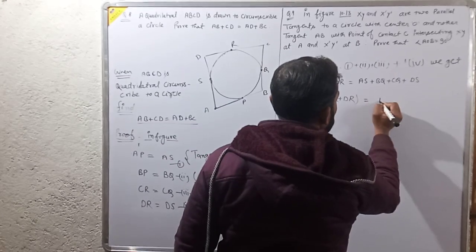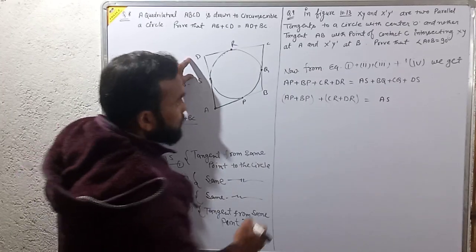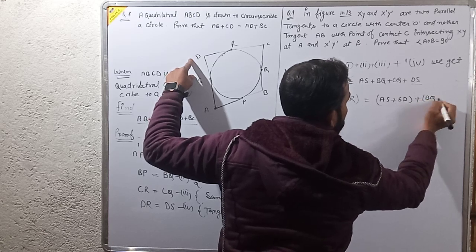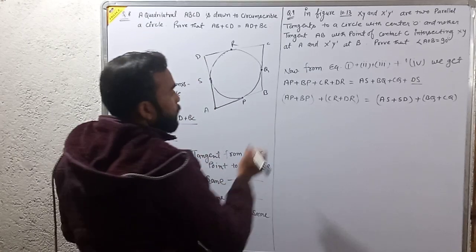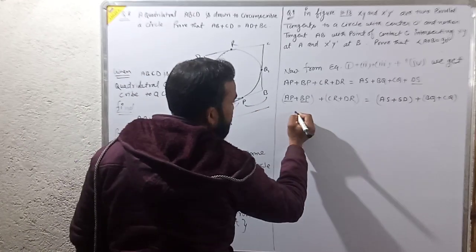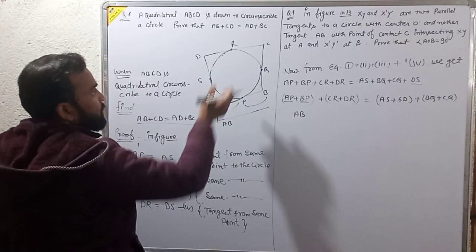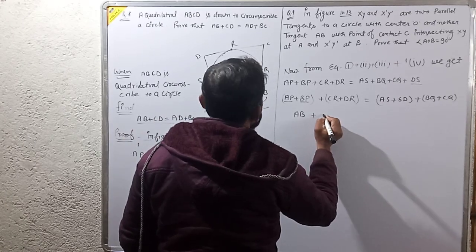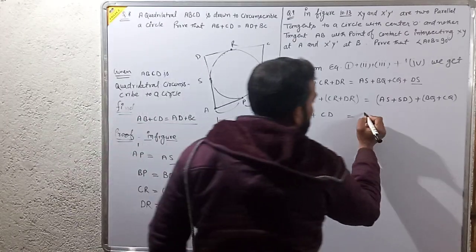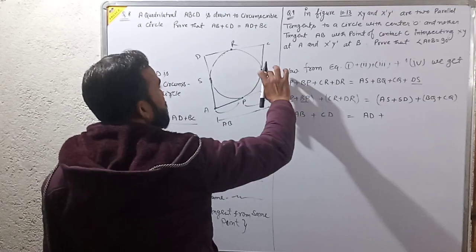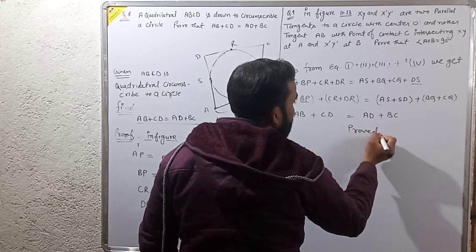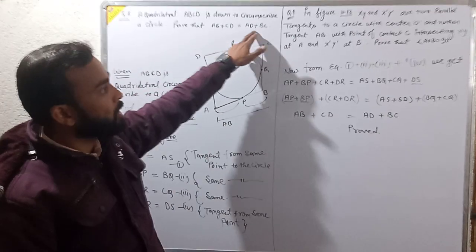Again, this is equal to AS plus DS, which is AD, plus BQ plus CQ, which is BC. So AB plus CD is equal to AD plus BC. Clear? So we have proved this.